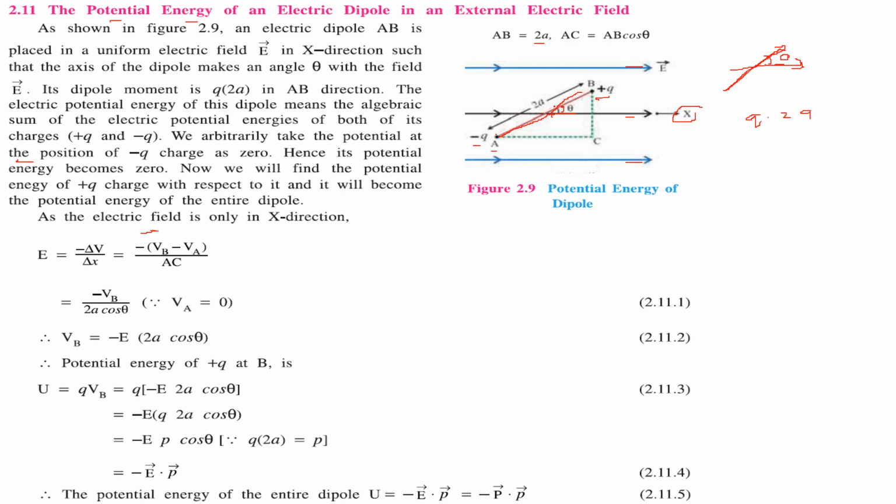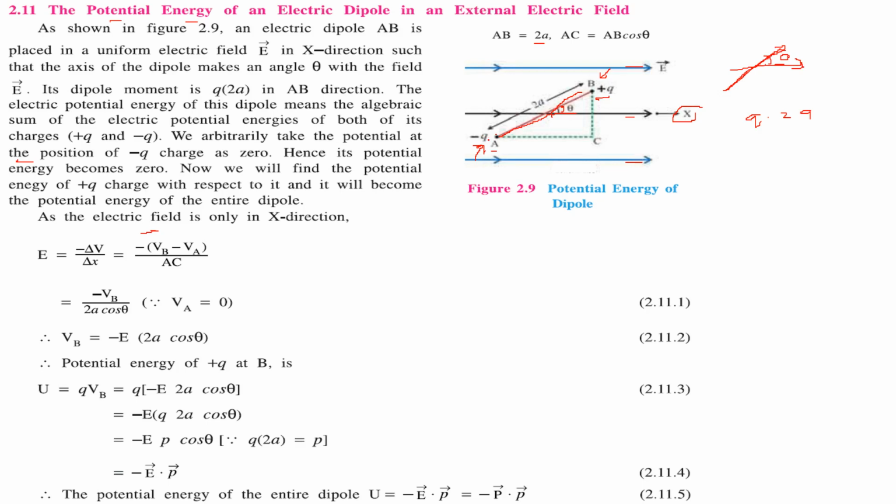This will be the algebraic sum of the electric potential energies of both of these charges, minus Q and plus Q. We will take arbitrarily the potential at the position of minus Q as 0. So its potential energy, we are just taking it. You will know why we are taking it.